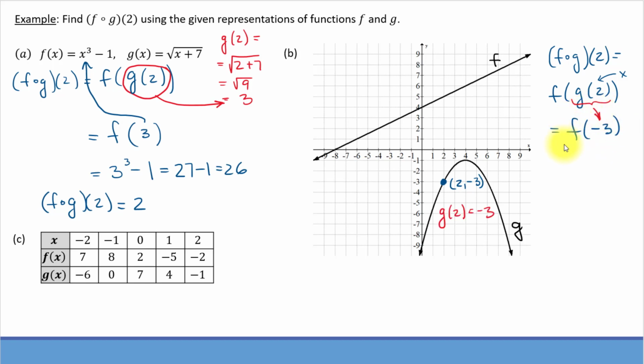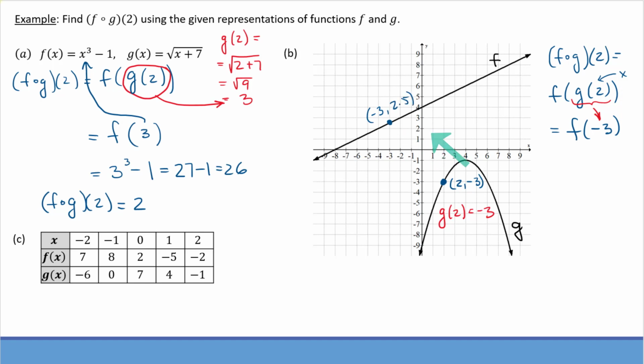And next we need to find f of negative 3. So for that we're going to use the graph of the function f. We need to find the point on this graph such that its x value is negative 3. So here's negative 3. If we go up to the graph, here's going to be the point. And it looks like the coordinates of that point are negative 3 and 2.5.